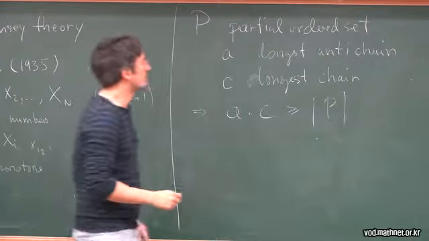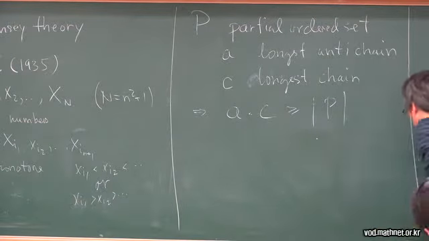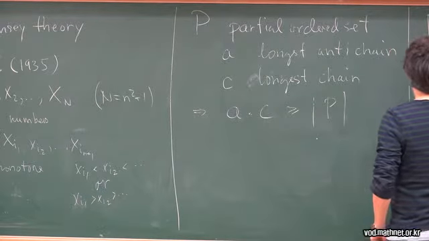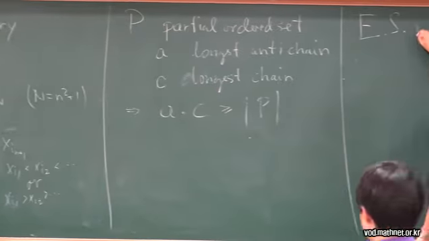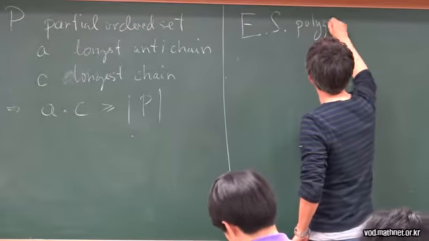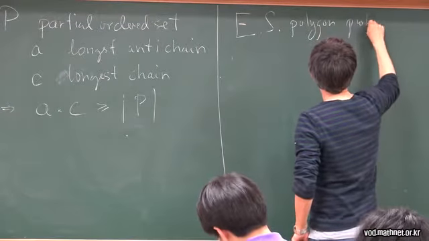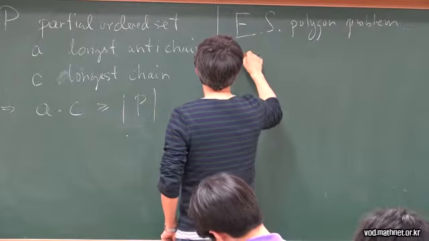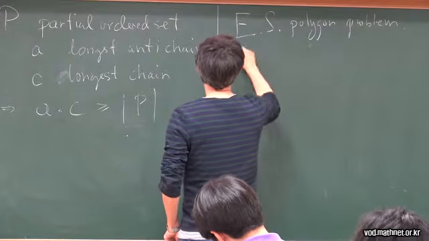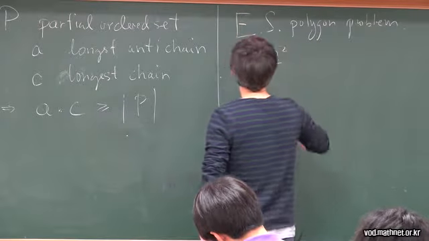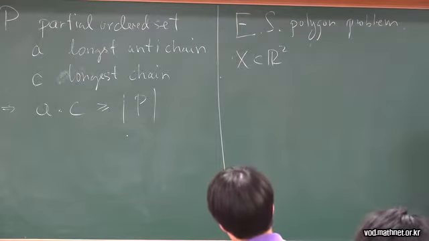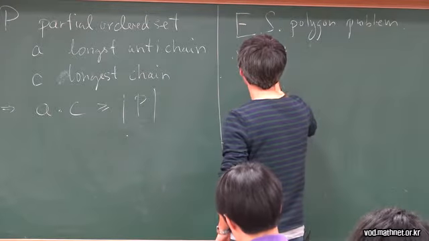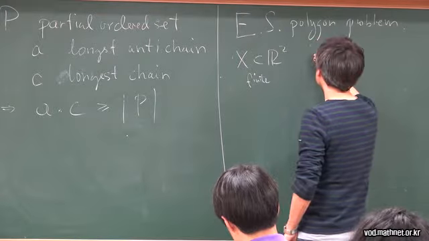Okay, so now let me describe the polygon problem. When I write ES, it means Erdős-Szekeres. Polygon problem. First of all, I'll always be dealing with finite subsets, a finite subset of the plane. This is in general position.